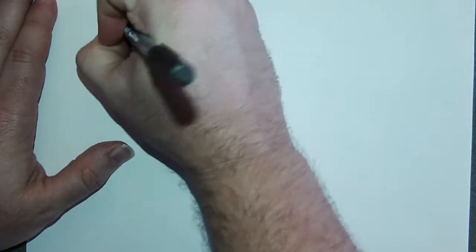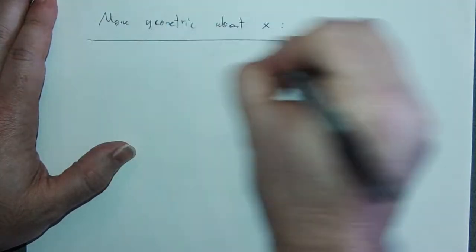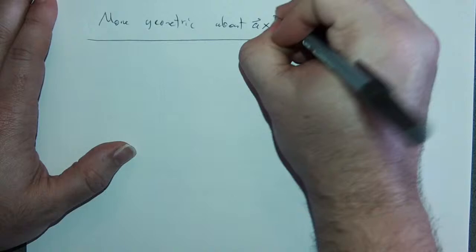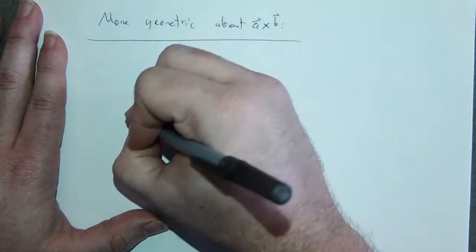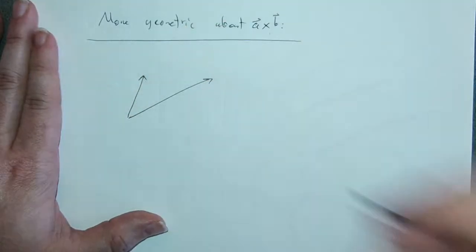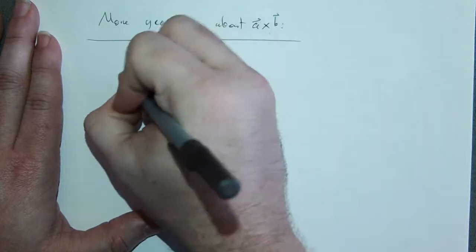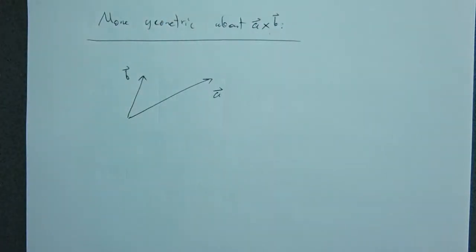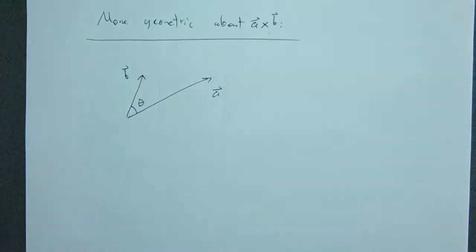So, more geometric facts about A cross B. If I have two vectors, say A and B, and an angle between A and B here, theta, well, here's a question.